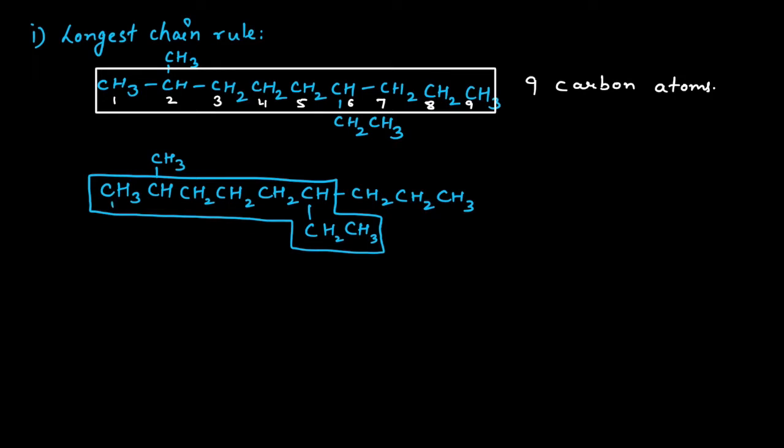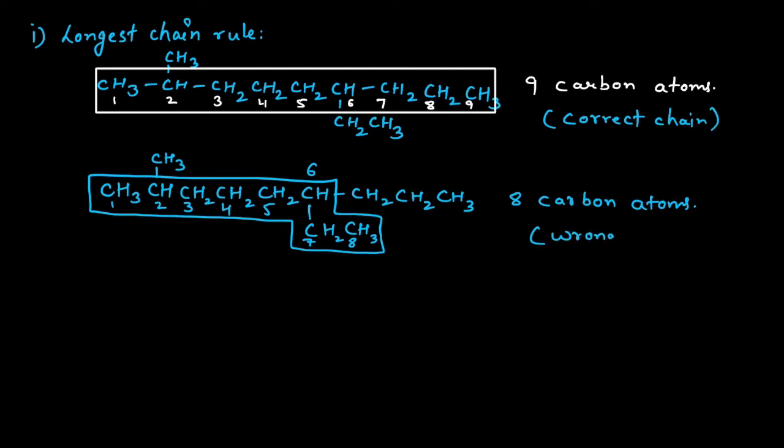The problem with this chain is that if we count the carbon atoms, the number comes out to be 8. So the first chain has 9 carbon atoms, but the second one has 8. According to this rule, we have to select the longest continuous chain, that is the chain which has the maximum number of carbon atoms.